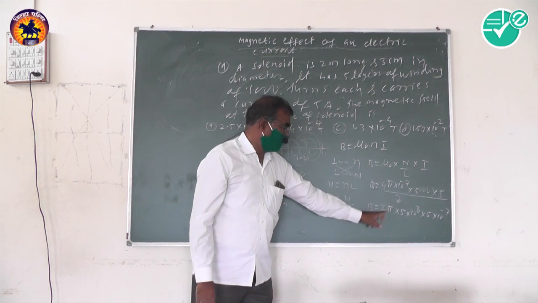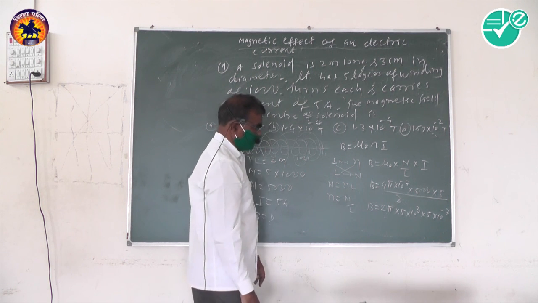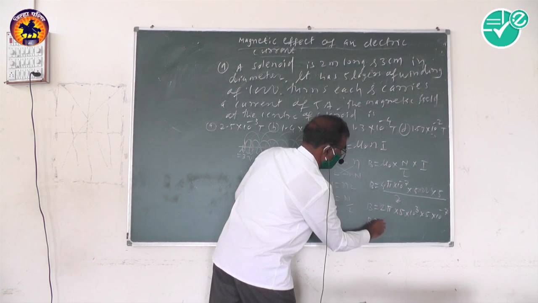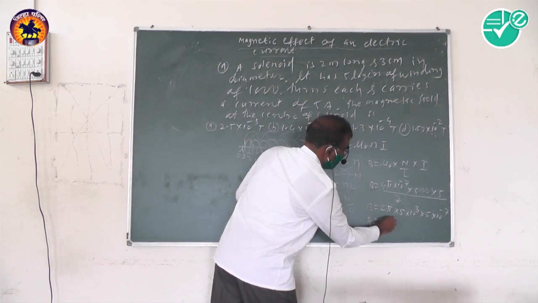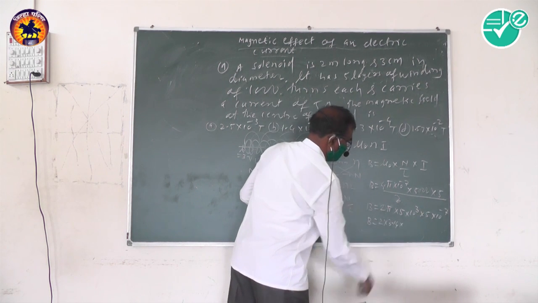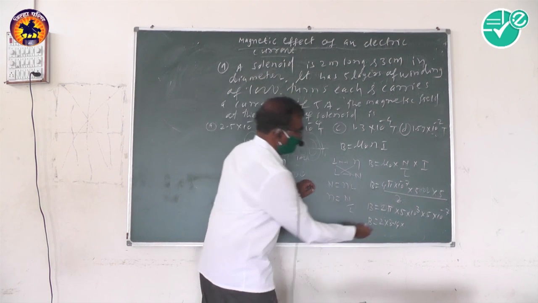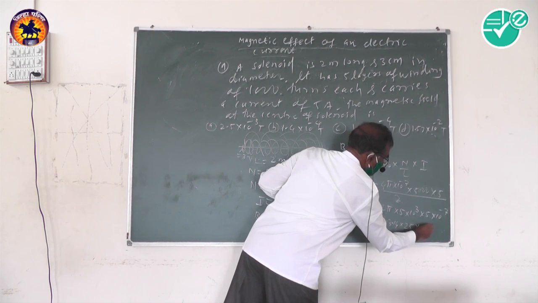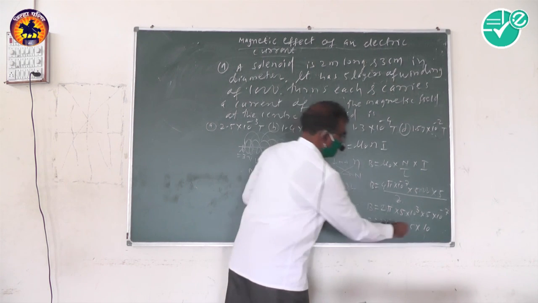2 2s are 4, so that gives 2 pi. That is B equal to 2 pi. The value of pi is 3.14, so 2 pi is 6.28. 5 5s are 25, into 10 raised to minus 4.